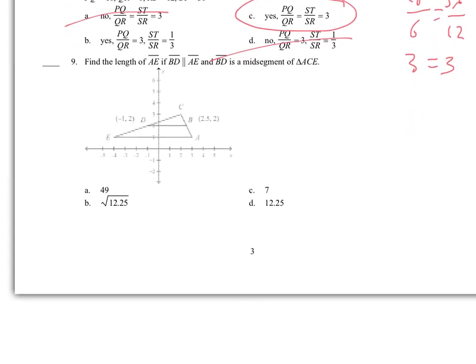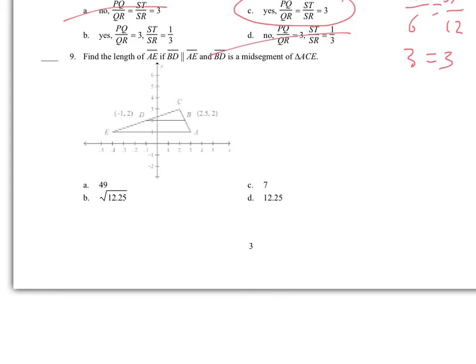Okay, and number 9, find the length of AE if the lines are parallel and BD is a midsegment. So BD is the midsegment. Notice that I'm at 3 here and I'm at -4 here. So the length of that long segment is 1, 2, 3, 4, 5, 6, 7. 7 for this long segment.